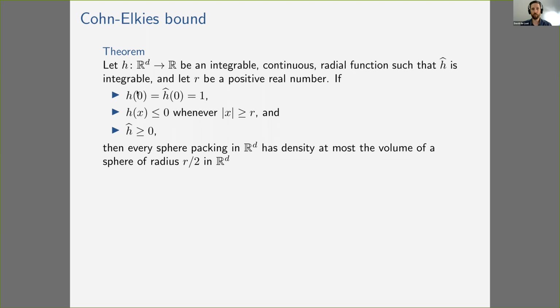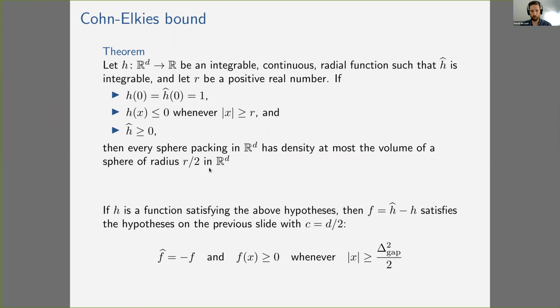If these three conditions are satisfied, so here we have normalization conditions, a similar inequality condition to the one shown on the previous slides, and then the Fourier transform has to be non-negative. If you have such an auxiliary function h, then every sphere packing in R^d has density at most some constant times the volume of a sphere of radius r over 2.